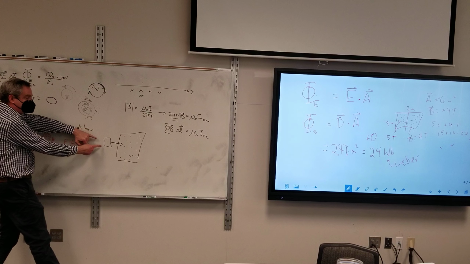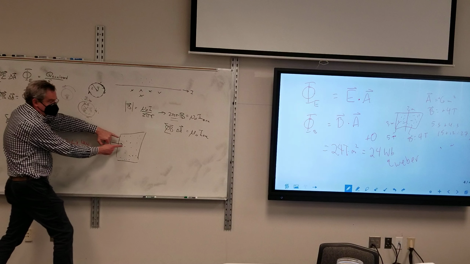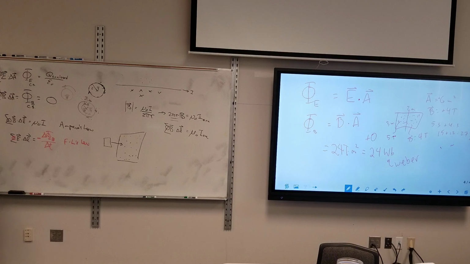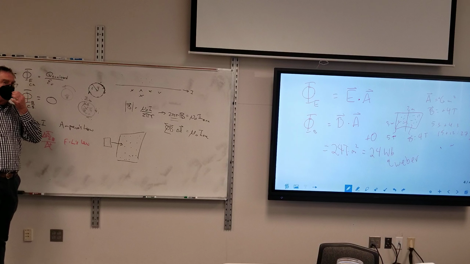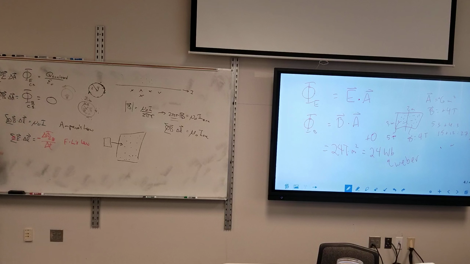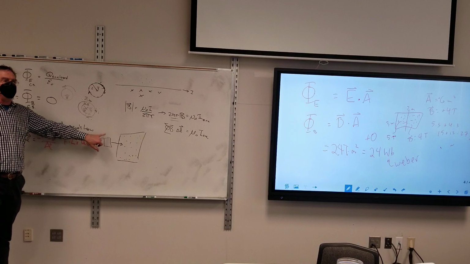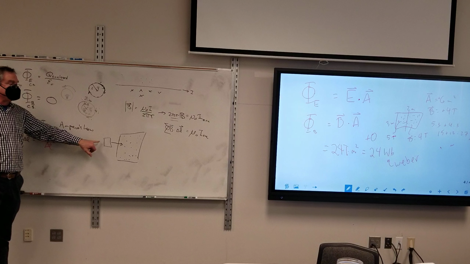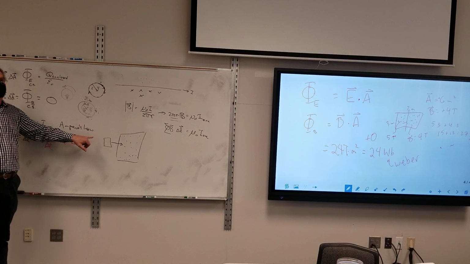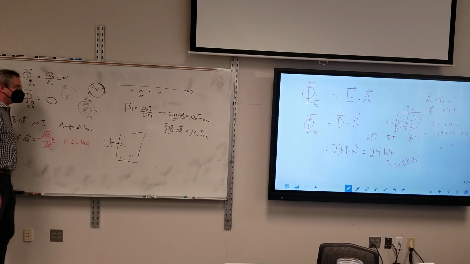As my loop of wire here enters my magnetic field, the magnetic flux increases. As talked about with Faraday's law, I'm going to create a current in this. That current is either going to be clockwise or counterclockwise.